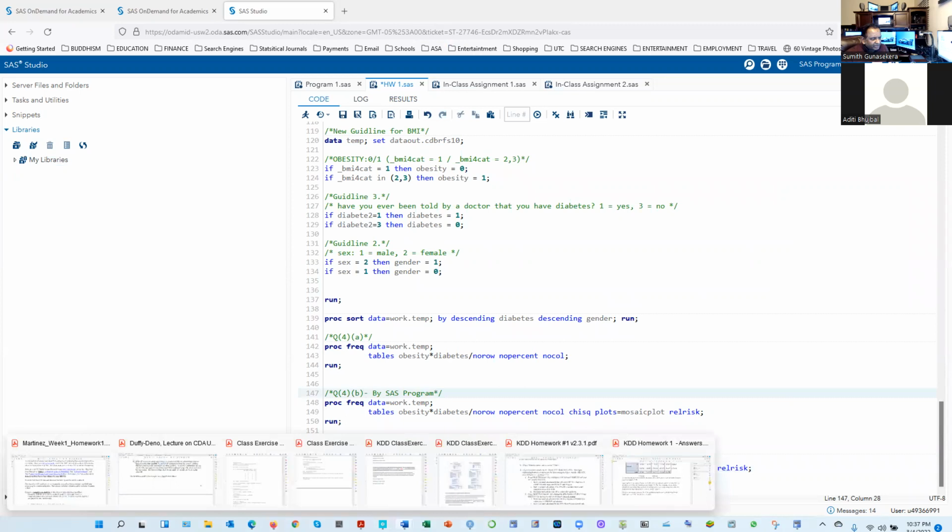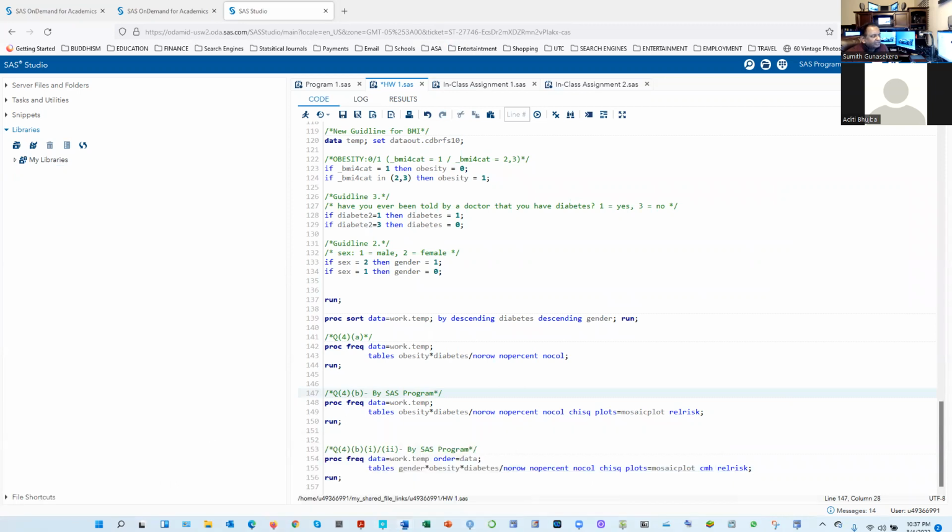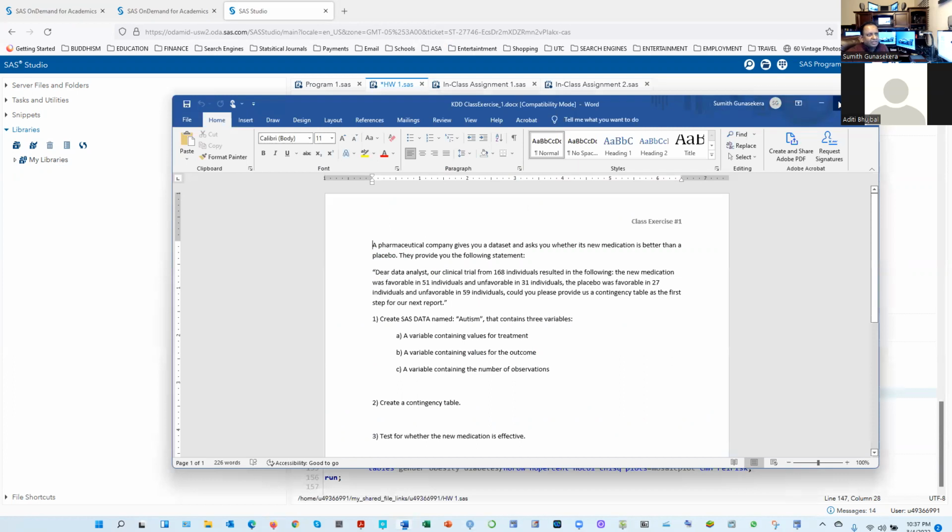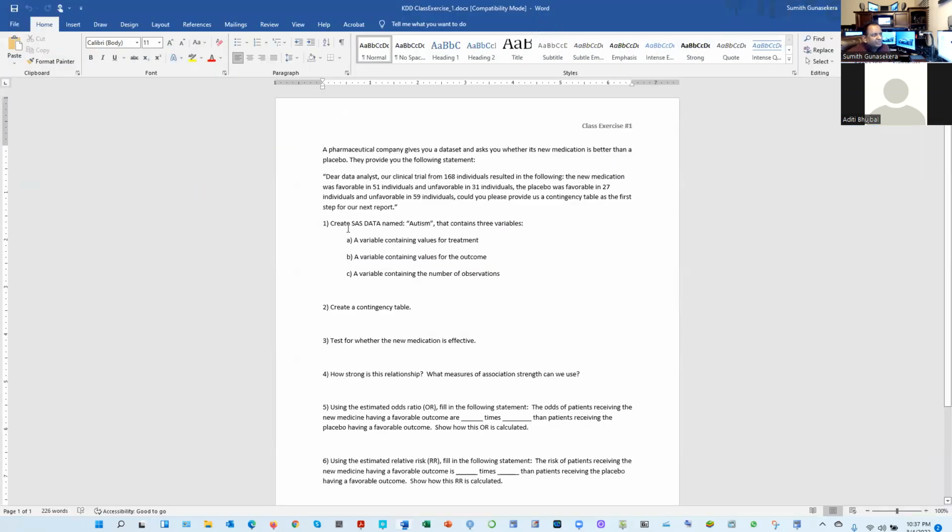Here. A pharmaceutical company gives you a data set and asks you whether its new medication is better than placebo. They provide you the following statement.